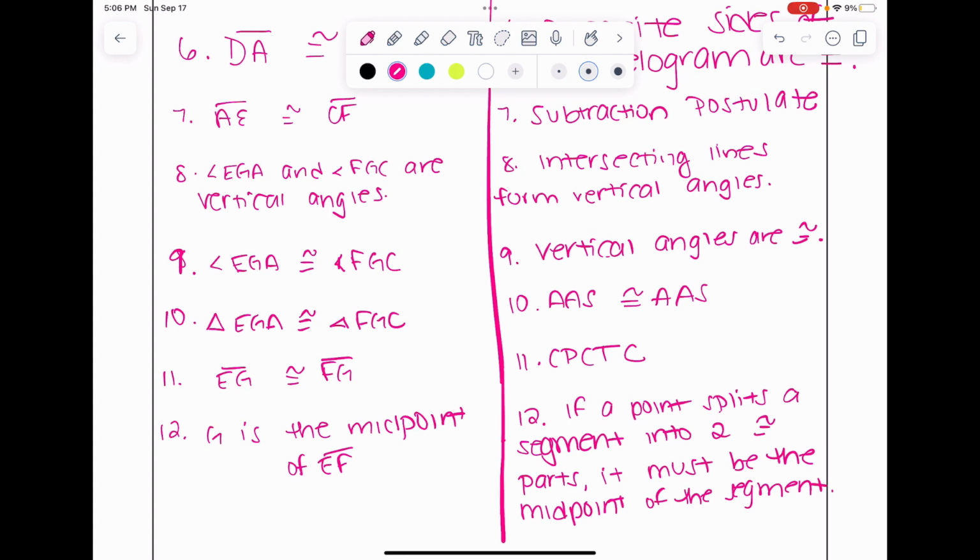So now we have successfully shown that G is the midpoint of EF, and that concludes question 35.